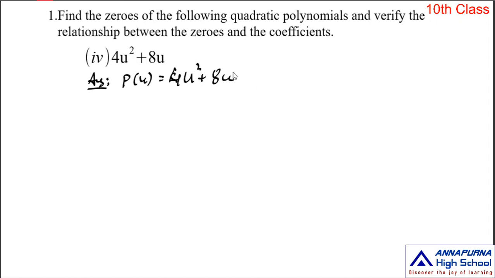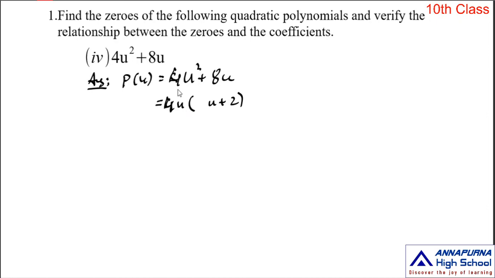Why? Because you can easily factorize this quadratic polynomial. It is very simple. In this quadratic polynomial we have only 2 terms. Observe the 2 terms, and what is the common factor? Here the common factor is 4u. If you write that 4u outside, the remaining part is u plus 2.